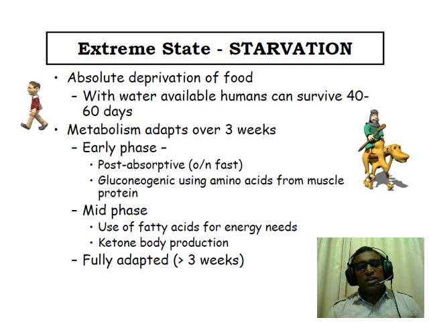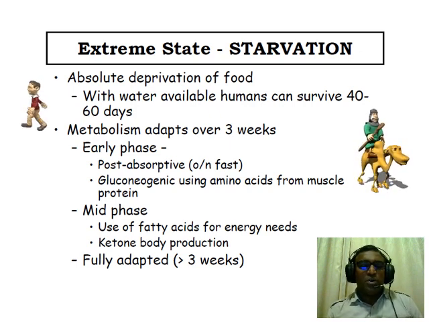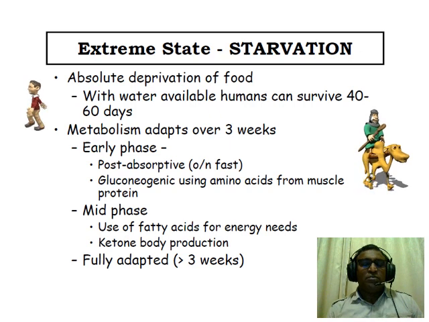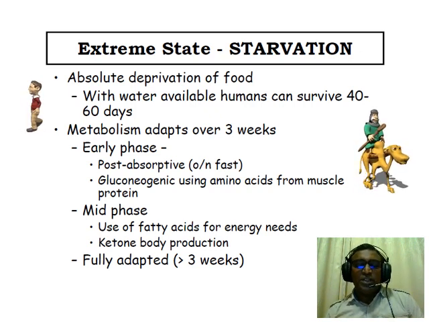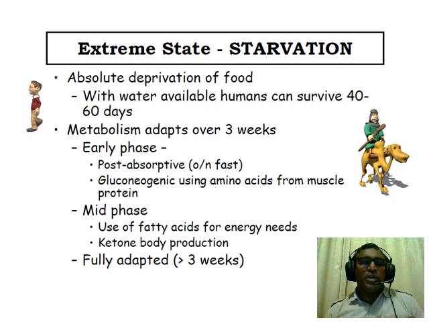And then after 3 weeks, the body will start to use only gluconeogenesis, fatty acid, and ketone bodies, and survives as long as possible. Then if still no food is given, problems start to occur where it starts to use muscle proteins to the extent where muscle wasting takes place, and that's where the danger starts to lie.